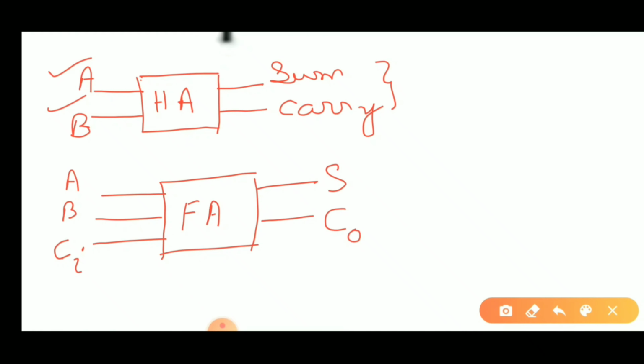The main difference between half adder and full adder is that for half adder there are 2 inputs and for full adder there are 3 inputs, but the outputs are 2 outputs. So in case of a parallel binary adder, we have to use these full adder circuits.